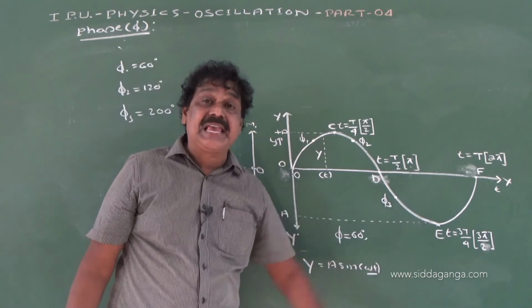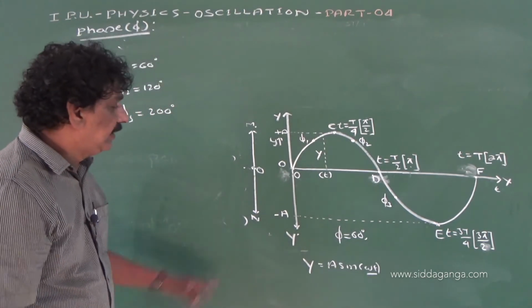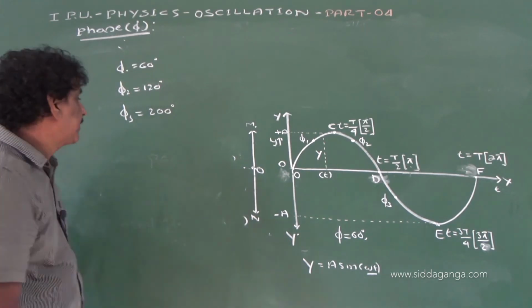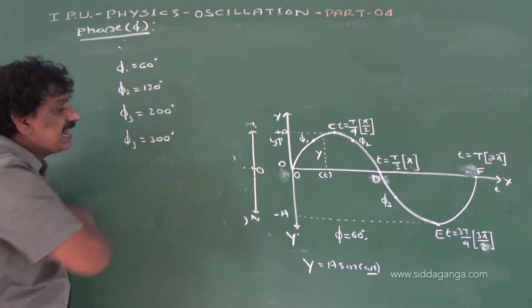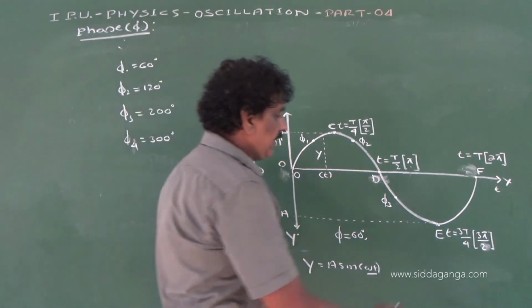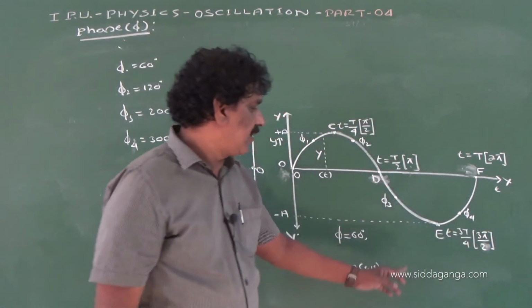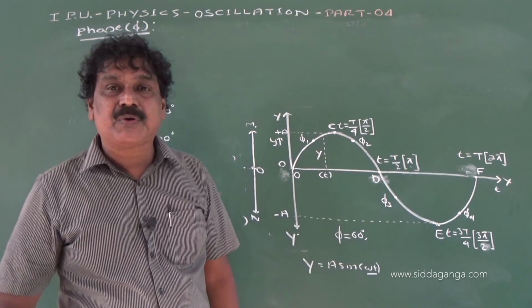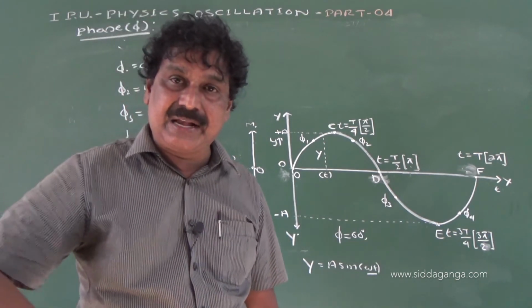When I say phi 3 is equal to some 200 degree, it is somewhere between D and E, but moving in the negative direction away from the mean position. When I say phi 4 is equal to some 300 degree, the particle is somewhere between E and F, but the direction of motion is towards the mean position, in the negative direction.